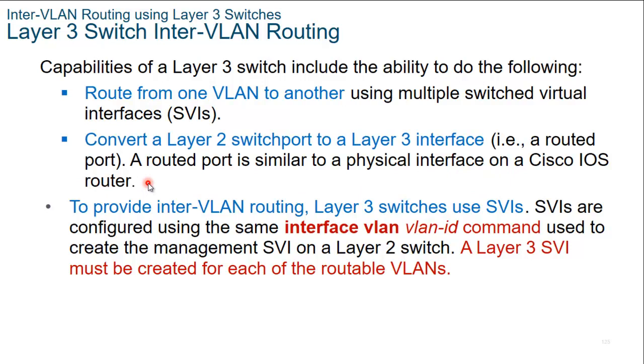To provide inter-VLAN routing, layer 3 switches use SVIs. SVIs are configured using the same interface VLAN ID command used to create the management SVI on a layer 2 switch. A layer 3 SVI must be created for each of our routable VLANs.